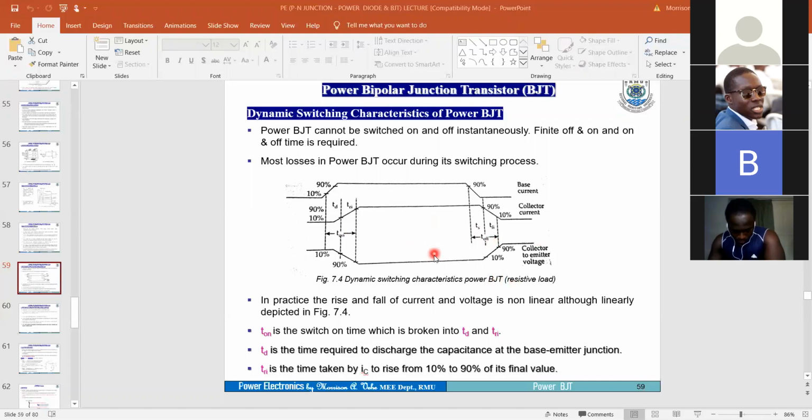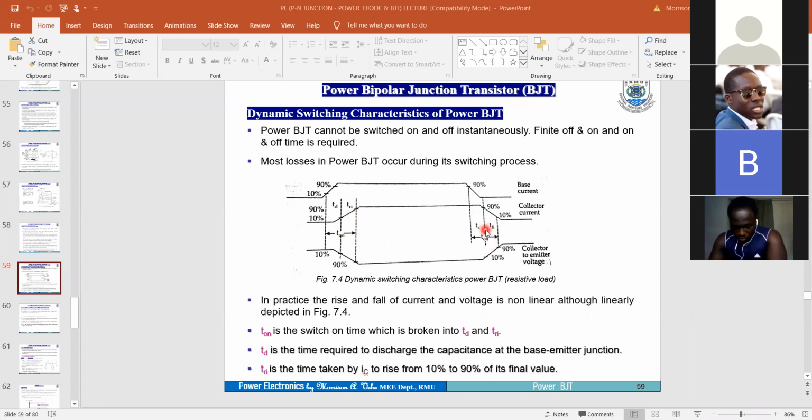You have your base current, collector current, collector-to-emitter voltage, and then you can talk about TD, TRI, then T on, and also T off.